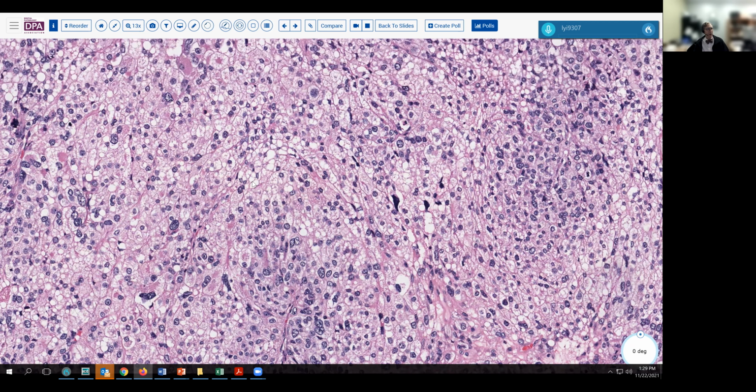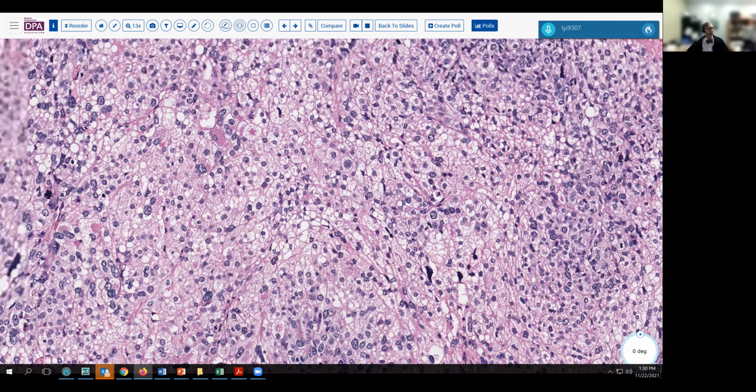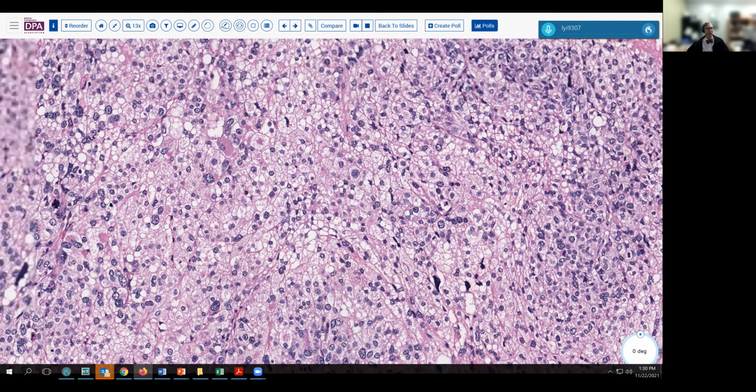Oftentimes, you don't get this much lipoblastic differentiation. You may only have a smaller percentage of lipoblastic differentiation. You can see eosinophilic cells, granular cytoplasm in this tumor.